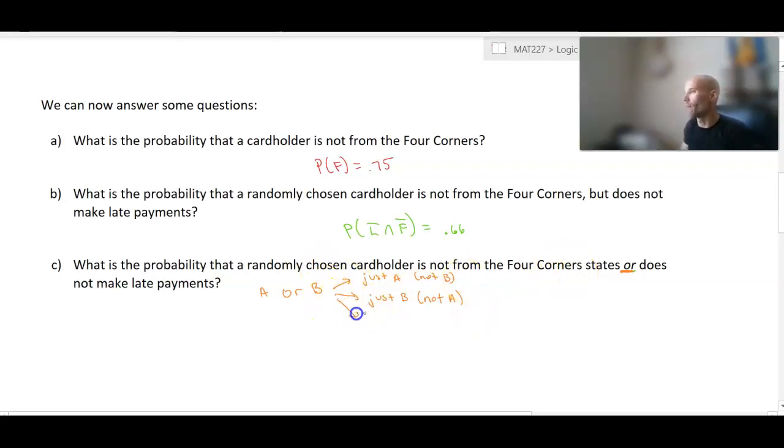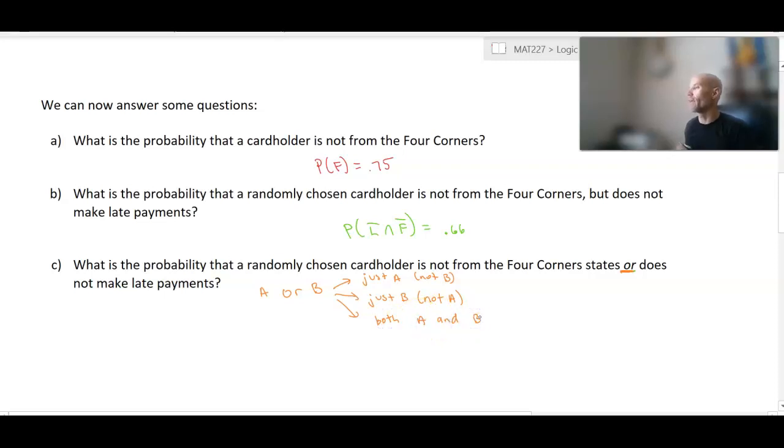You could be both of them when you say the word or. And this is one of our misconceptions of the word or. Or means one, just the other, or both. Those are your three possibilities for or. And this is something worth memorizing because it pops up so regularly in mathematics. Or means just A, not B, just B, not A, or both A and B.